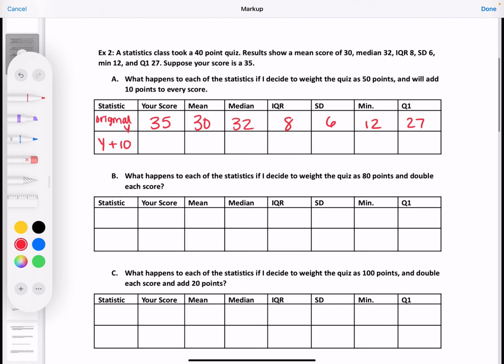So we add 10 to your score, so you got a 45. We can add 10 to the mean, so that's 40. The median, we can add 10, so that's 42.